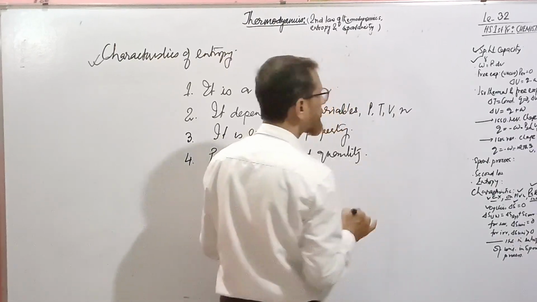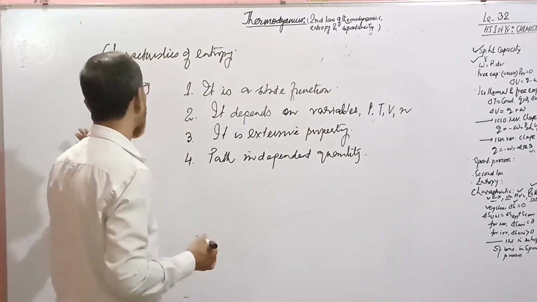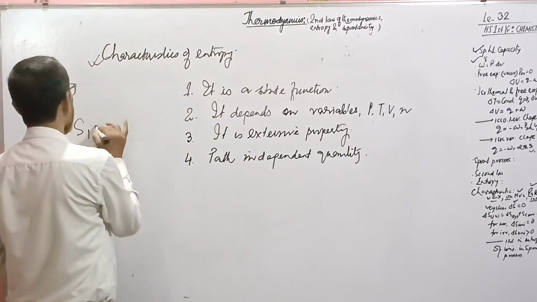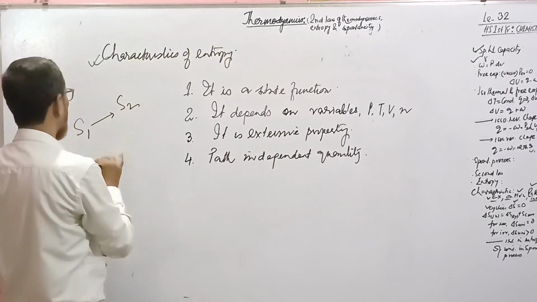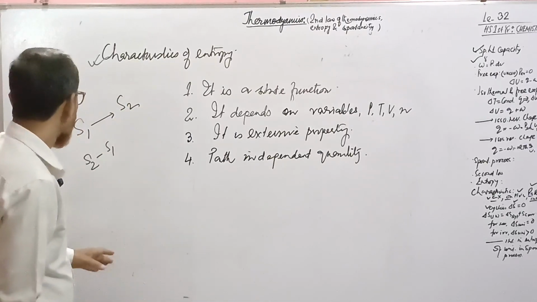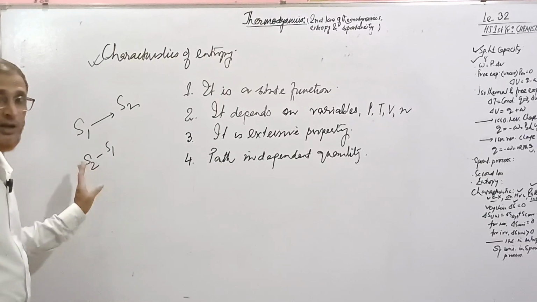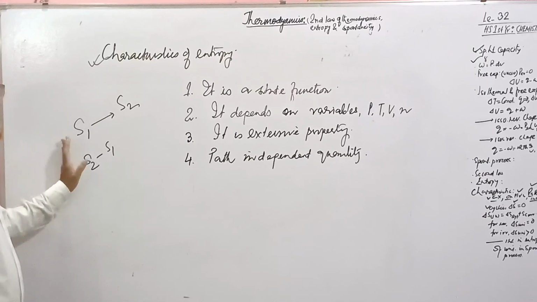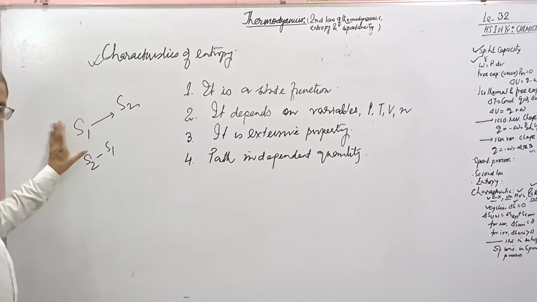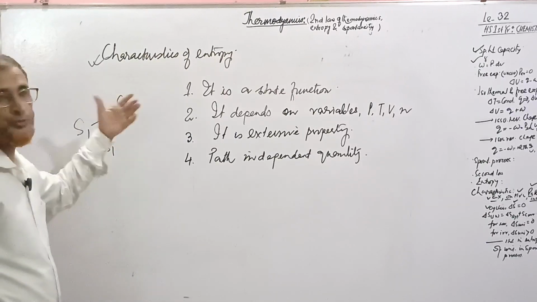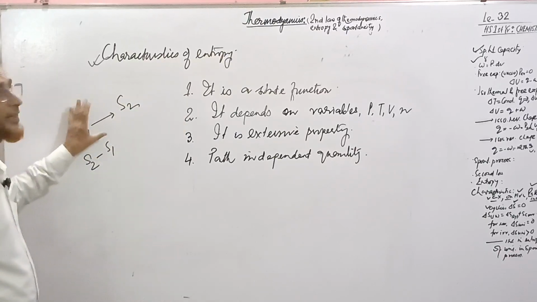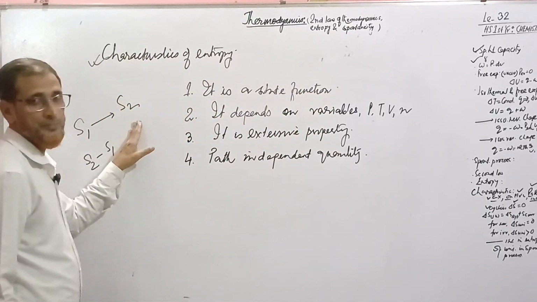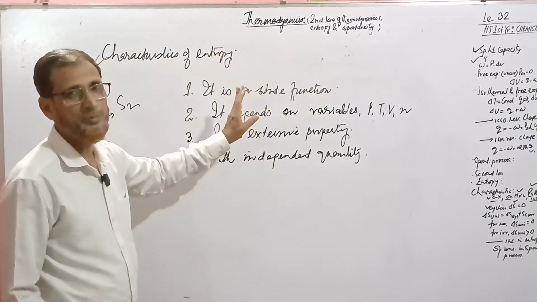It means that in whatever way the entropy of a system changes from state 1 to state 2, S1 to S2, upon the change of these variables, how does it occur, in which path it occurs, it doesn't depend.